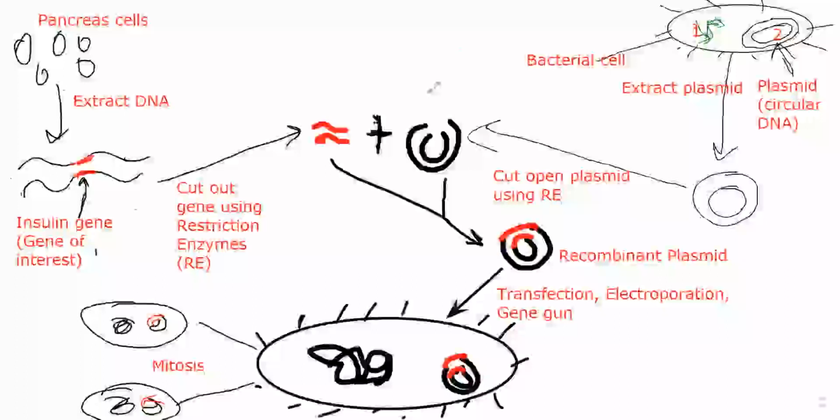Bacterial cells multiply themselves like that, undergoing mitosis every 20 minutes. It means every 20 minutes, 1 becomes 2, 2 becomes 4, 4 becomes 8, and so on. Before you know it, you have millions of copies of the bacterial cell, meaning you have millions of copies of the recombinant plasmid as well.